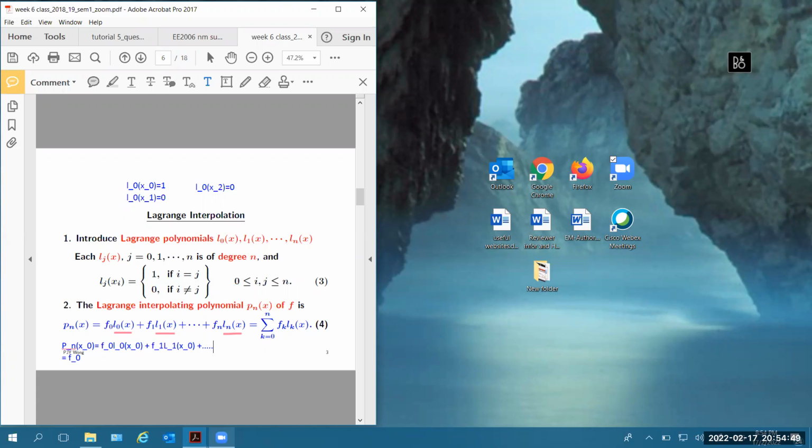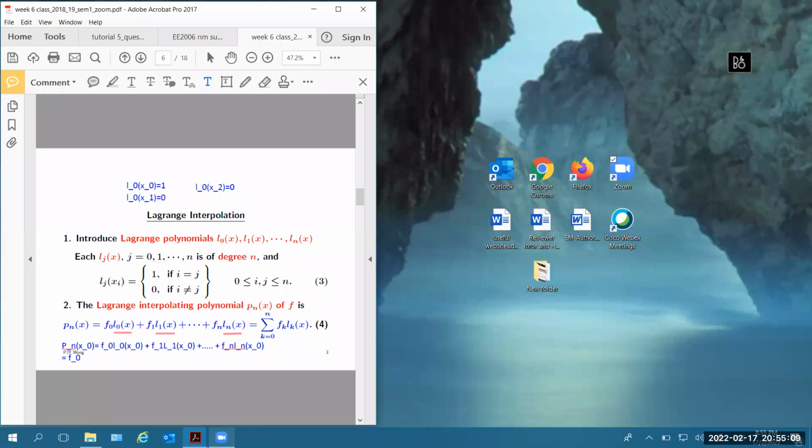Everyone can imagine that, right? So what do you get? Of course, your last term is Fn, and then you got your Ln, and you substitute x0.